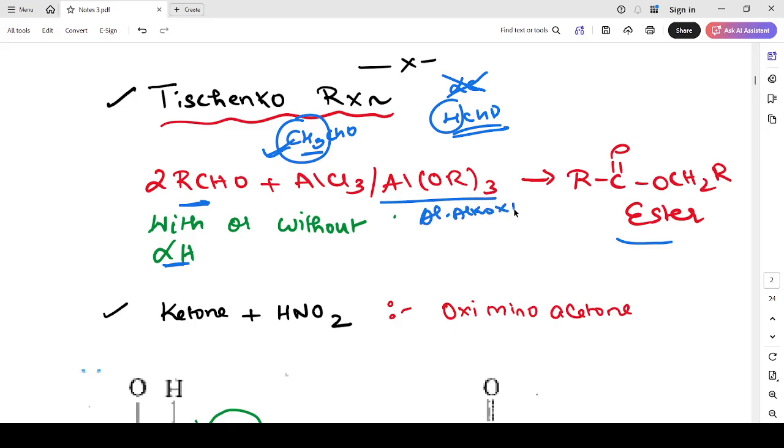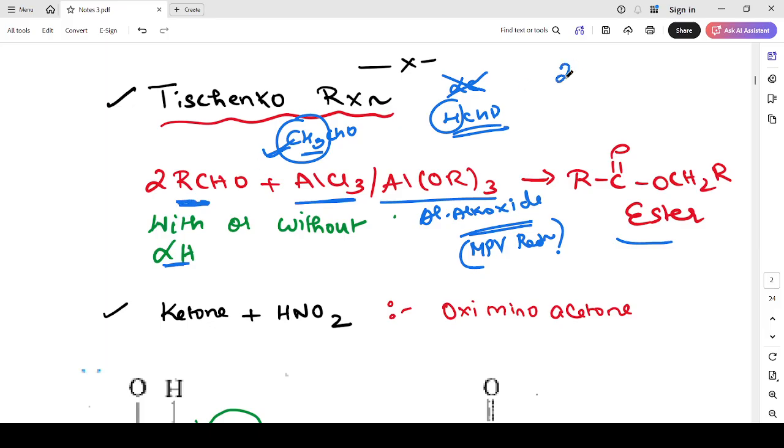Have we seen this reagent already? We have seen this reagent in MPV reduction, isn't it? Yes. So we have aluminium alkoxide in the presence of aluminium chloride.